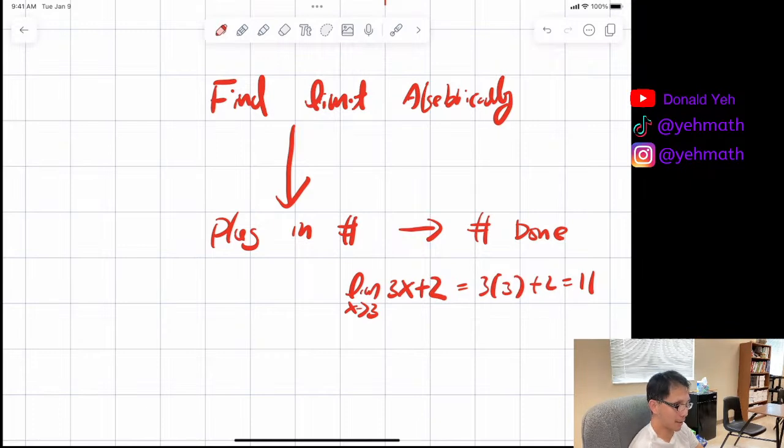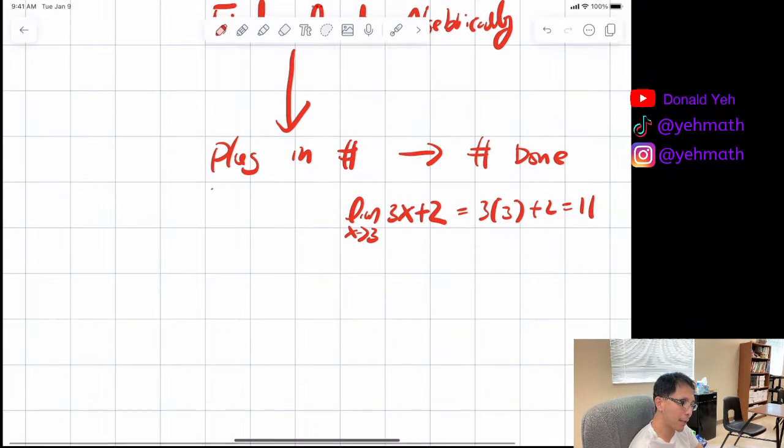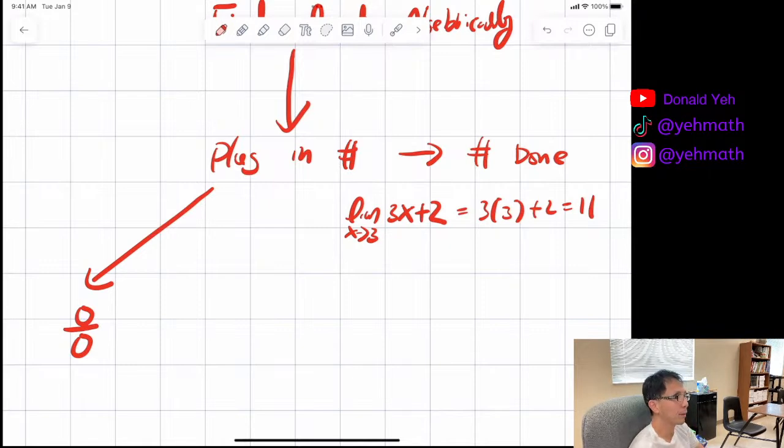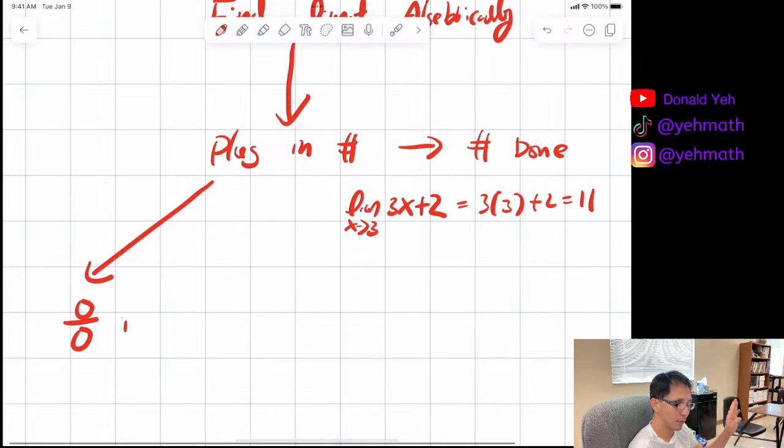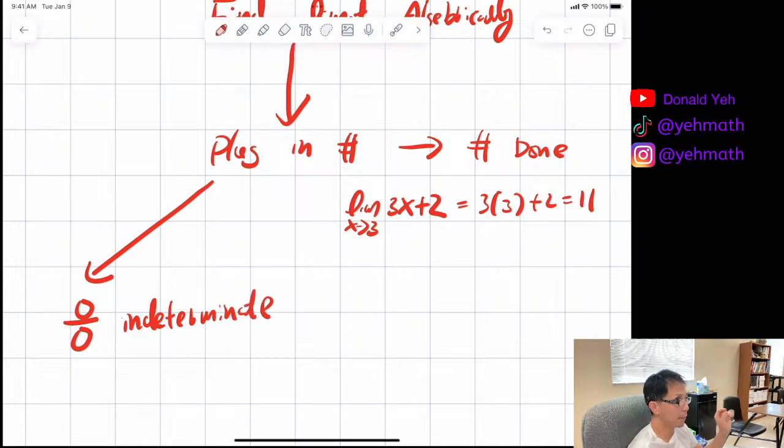What I would ask is this. If you plug in a number and you get the first situation, 0 over 0. We already know from yesterday, 0 over 0 is not undefined. It's not 0. What is it called? Indeterminate. Now, 0 over 0 is not the only indeterminate form. There are actually 6 different forms.